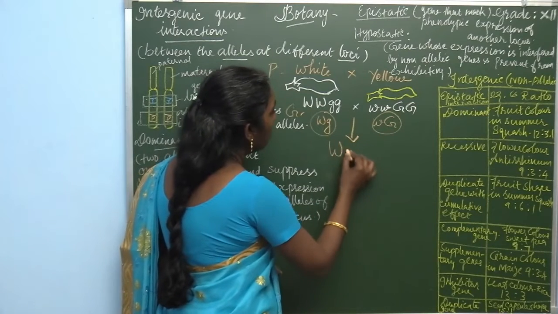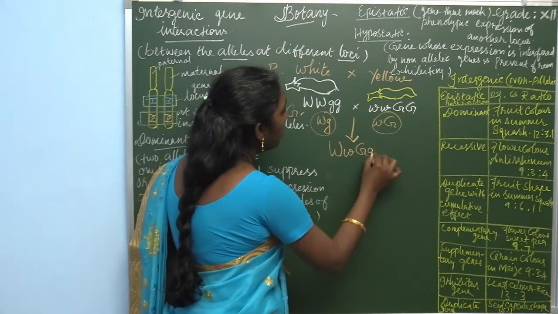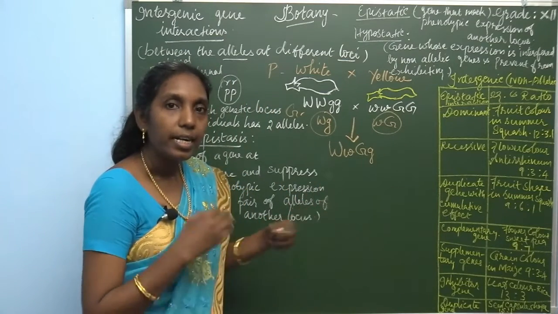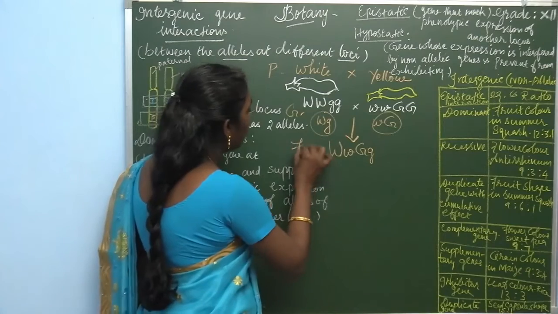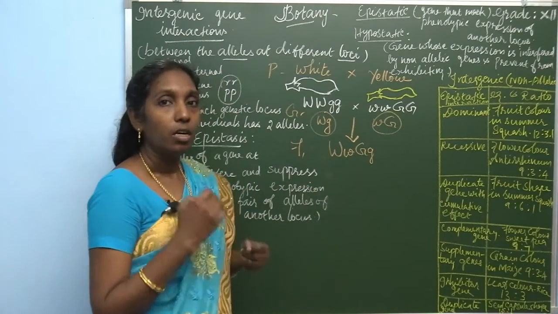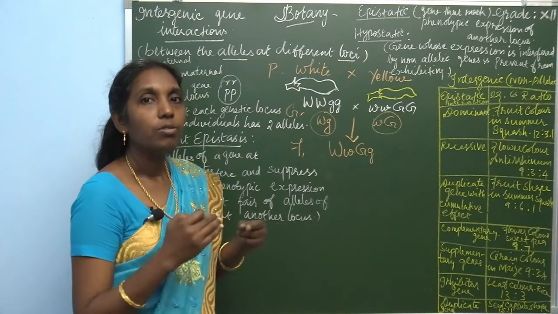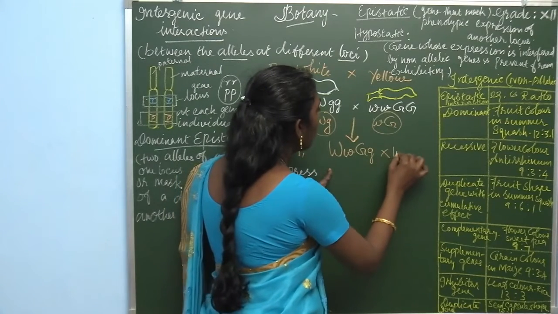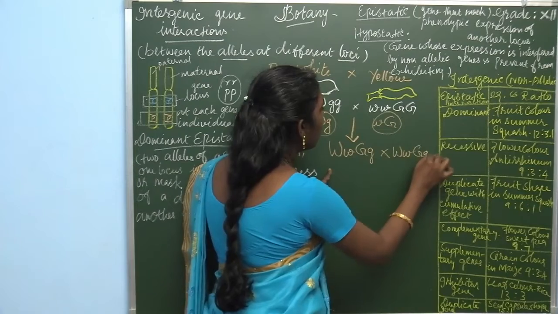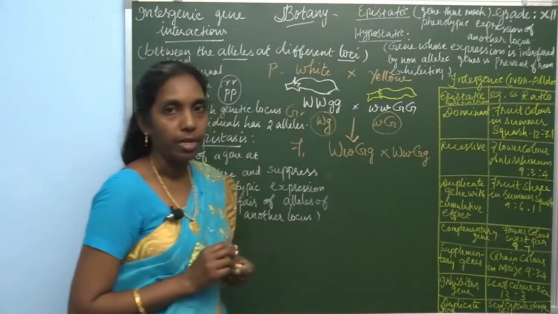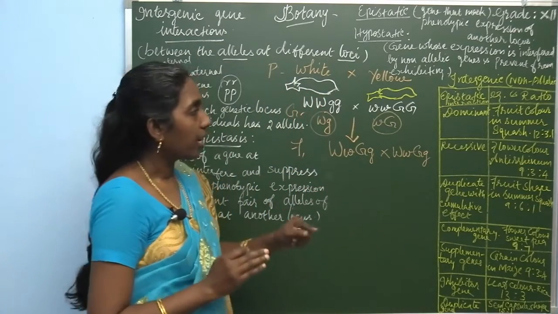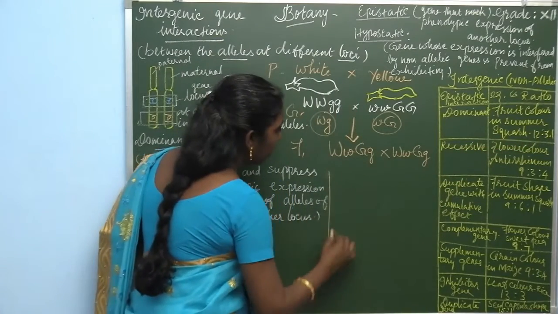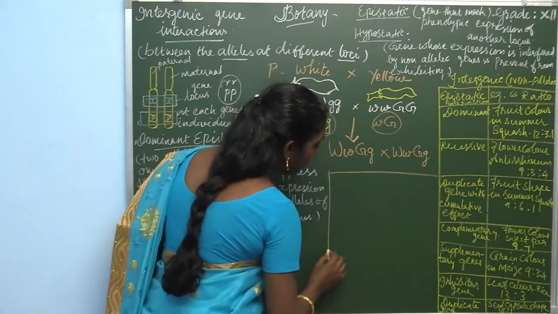Now this is heterozygous in the F1 generation. Normally the F1 generation has to be crossed, hybrid with hybrid. So it gives the ratio 12:3:1. Let us draw the checkerboard and find out the ratio.